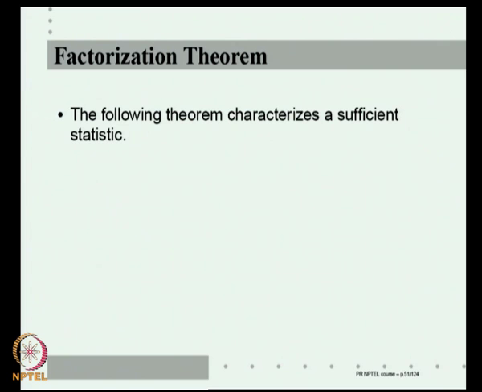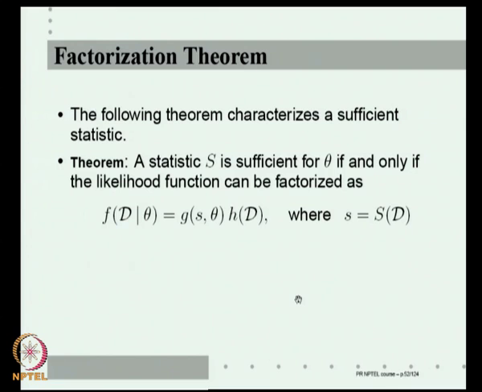Now, we can characterize the sufficient statistics exactly. When is a statistic sufficient? It is known as the factorization theorem. The theorem says the following: a statistic S is sufficient for theta if and only if the likelihood function, okay, f of D, that is the joint density or mass function of x1 to xn, can be factorized into a product of two factors.